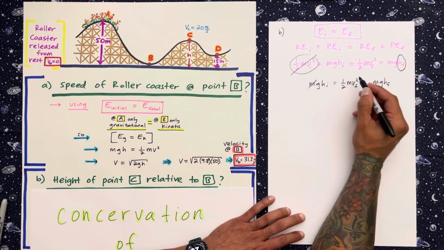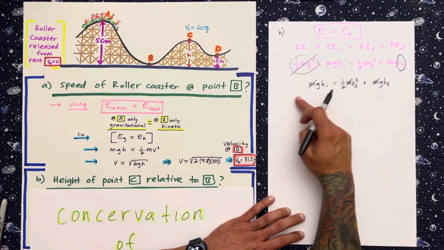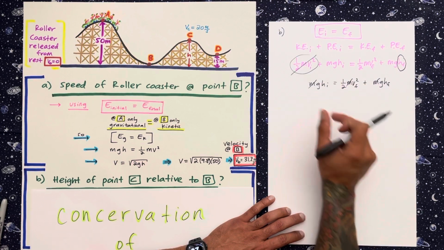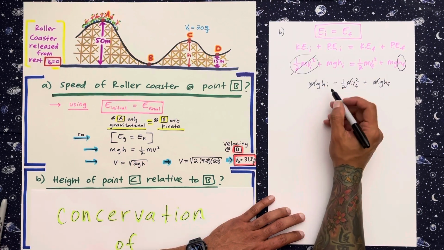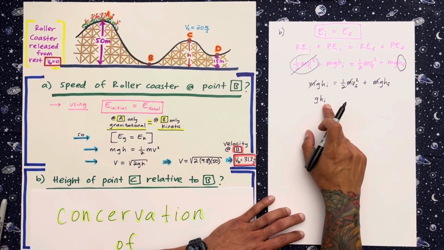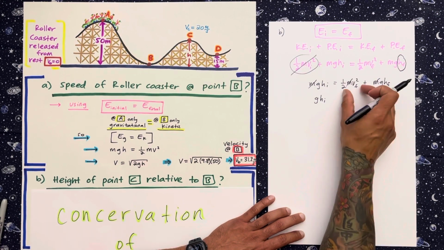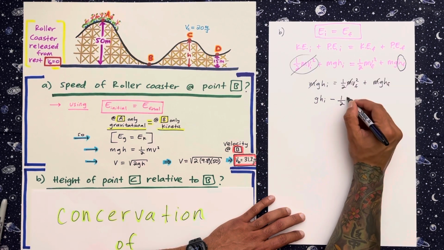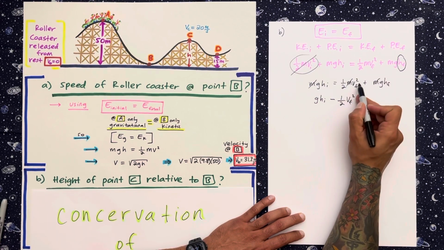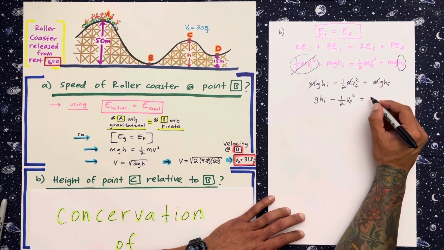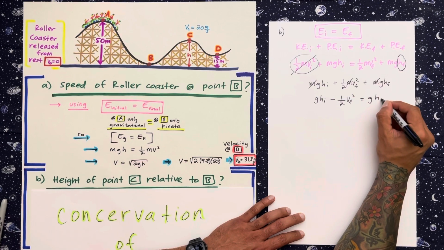All the m's cancel out, because we divide by m for everything. And I want to put this whole thing on this side. So I'm still going to keep this. I have g height initial. If I move this over to the other side, it becomes minus 1/2 velocity final squared. And this side stays right there. So that's going to be gravity h final.